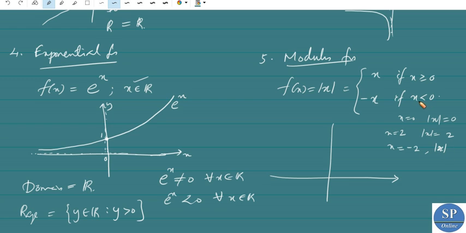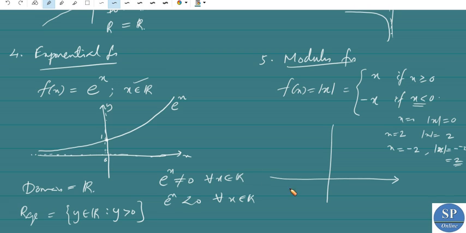If x is less than 0, then the modulus of x is the negative of that x, that is negative of minus 2, that is 2. Okay, so we can conclude that for any real number x, the functional value will not be negative. It will be greater than or equal to 0. Okay, so when x equals 0, we have the value 0.